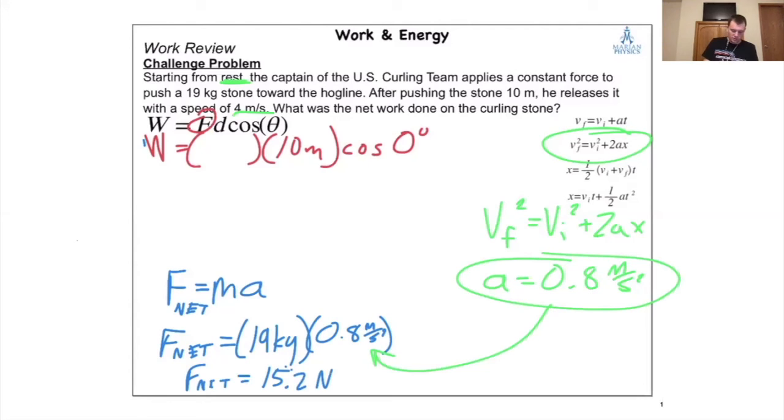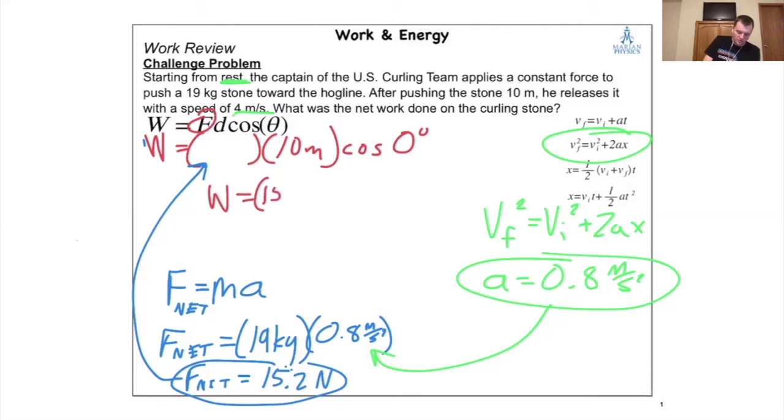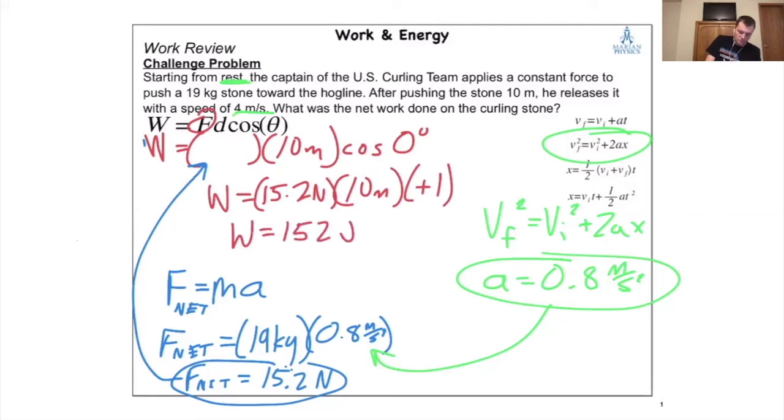So that you could plug that force into your work equation. So we had to incorporate three different units, three different topic areas that we've done in this class to get to 15.2 newtons of force times 10 meters of displacement times a +1 because the force and the displacement are in the same direction, all to get that 152 joules.